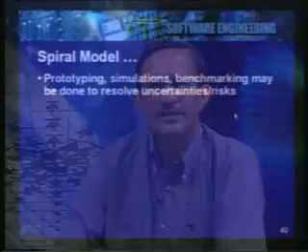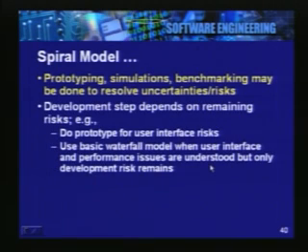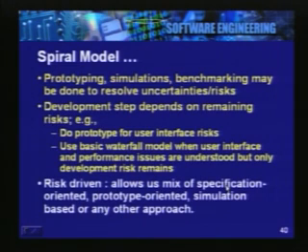So, the spiral model basically identifies risks at every step, and it identifies ways of addressing those risks, either by following the prototyping method, going through simulations, or carrying out benchmarking. At every development step we will decide in what way we want to proceed. It is primarily a risk driven approach.